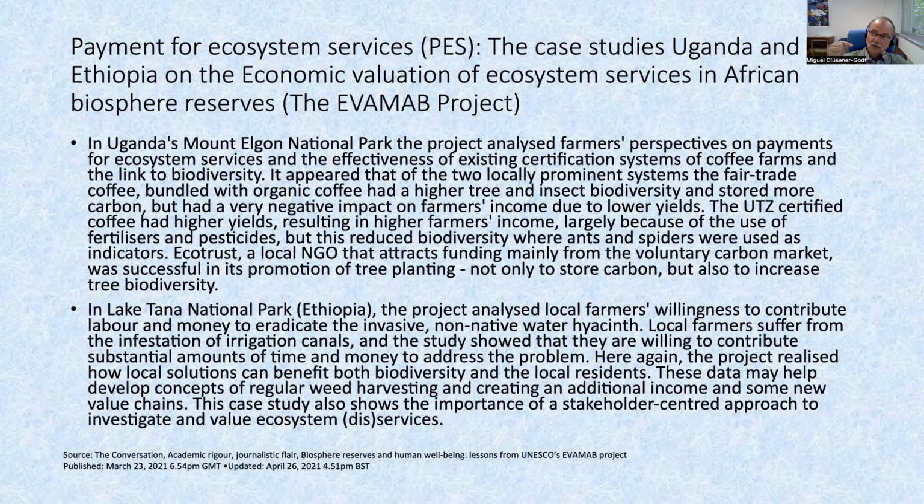So they didn't just buy the coffee. From the label, there was some flow of income back. And of course, the project analyzed: does this meet the expectations of the farmers?